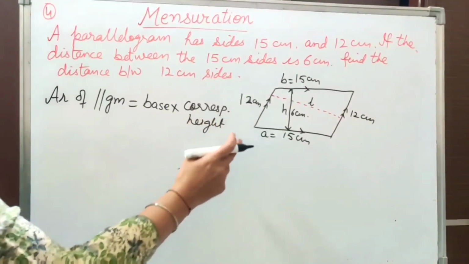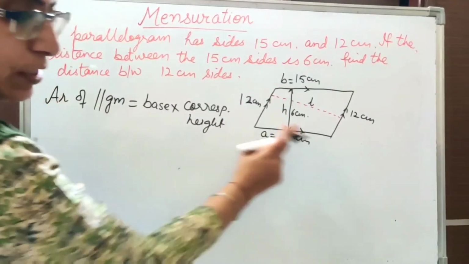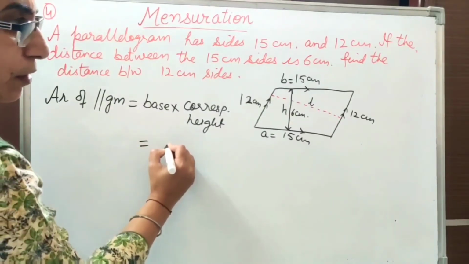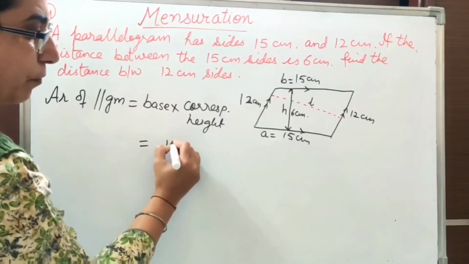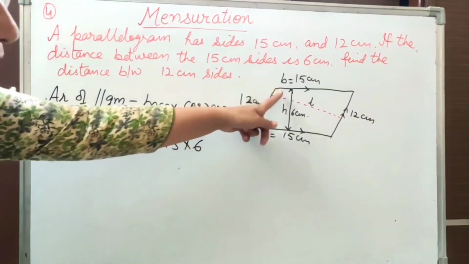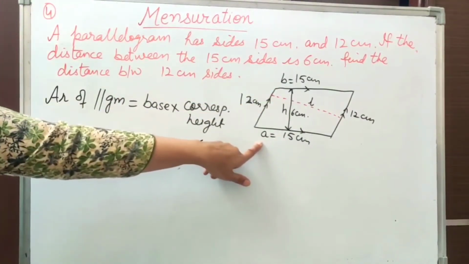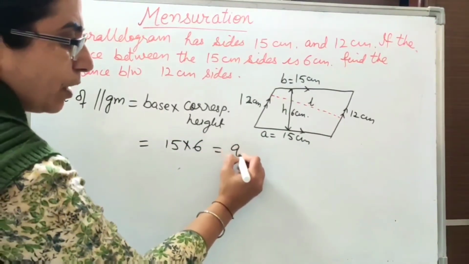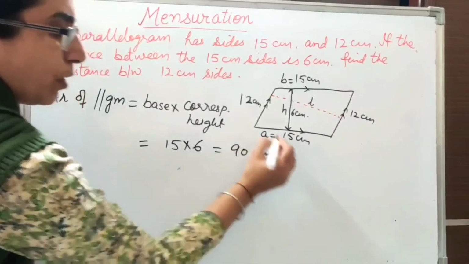We are given the height corresponding to 15 centimeter sides. Therefore the base is 15 and height is 6. So area is 15 multiply 6, that is 90 centimeter square.